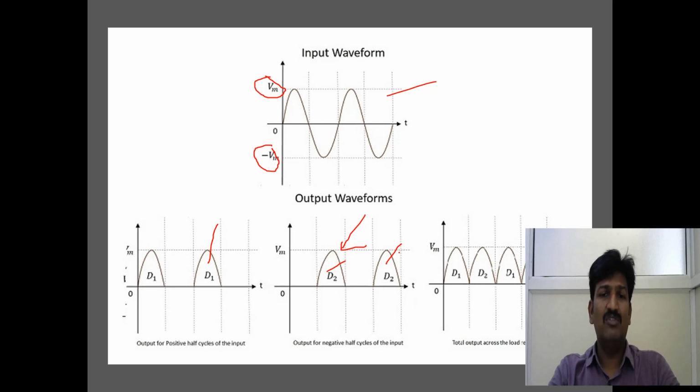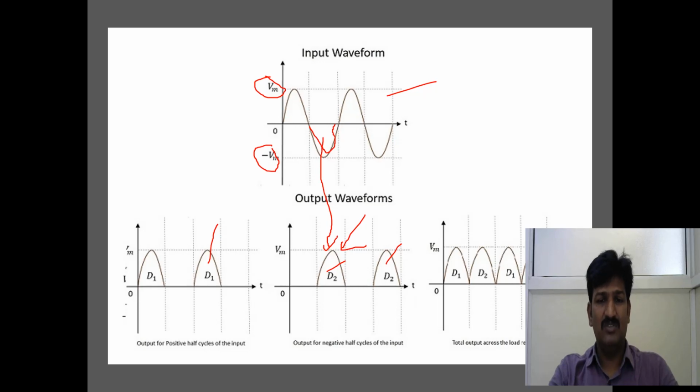With D2 we have the phase reversal of the output voltage. It is not exactly following the input, which was a negative cycle, but you get the output as a positive cycle during the negative cycle of the input. You should understand this is the input corresponding to the negative cycle, and for that you get a positive output cycle at the time D2 conducts.